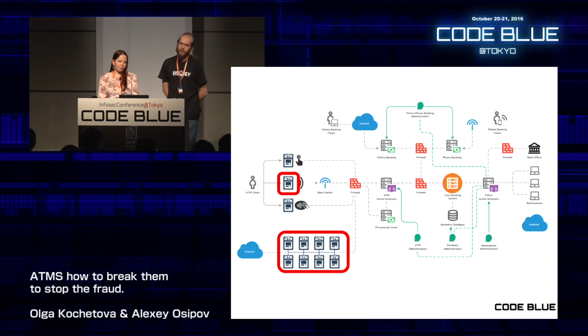But VPNs are not protecting the data. They're actually creating a network. And such a network can be logically connecting all ATM machines inside of it. And if you protect the data that is transmitted from one ATM machine to the processing center, you should also consider protecting communication from one ATM machine to other ATM machines. And here's the video.